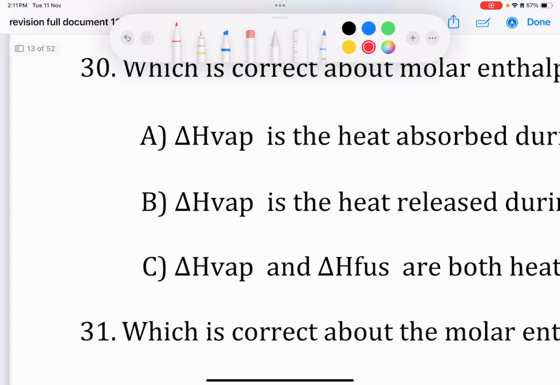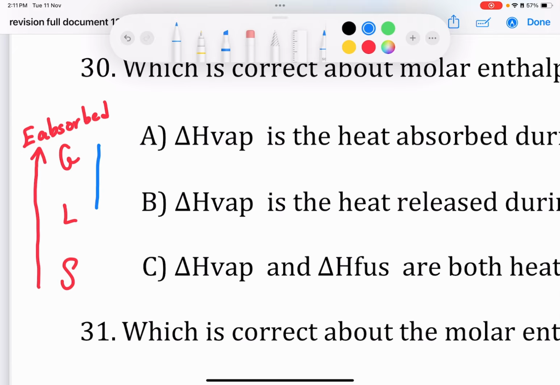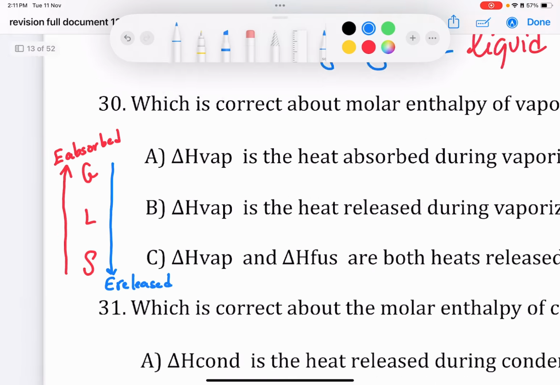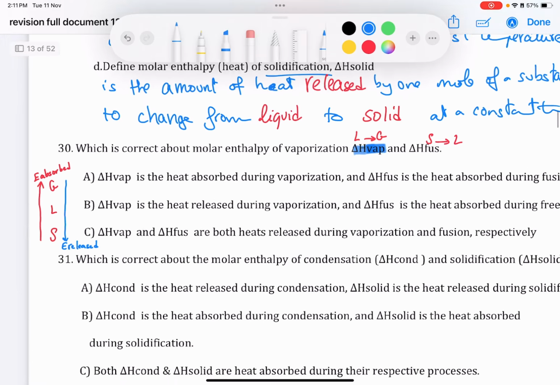Always think about it this way. Solid, liquid, gas. Solid to go to liquid and liquid to go to gas, energy is absorbed. Now, gas to go back to liquid or liquid to go back to solid, energy is released. So let's think about it.